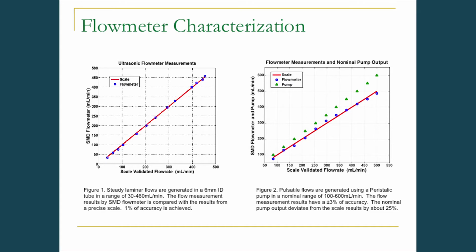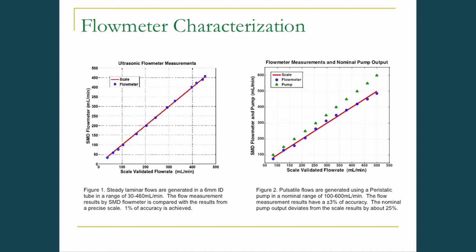We flowed into a beaker on a scale and weighed the liquid, and the blue are the flow meter outputs. So what we're able to show there is that even with the highly pulsatile flow over a short period of time, we were able to achieve better than 3% accuracy. And again, that's now greatly improved. That's probably about 1.25% right now, and we think we can do a little better.